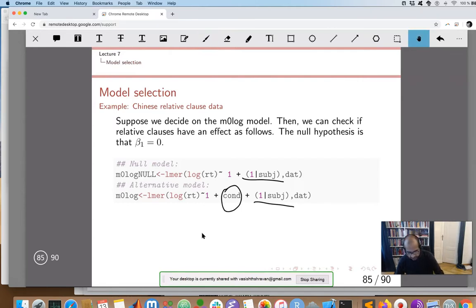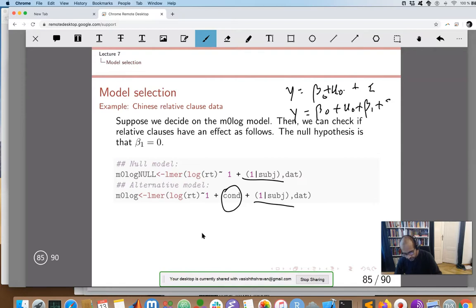So basically what I'm now going to do is fit two models, one with only the intercept, with some intercept adjustments, and another model with intercepts and the slope.